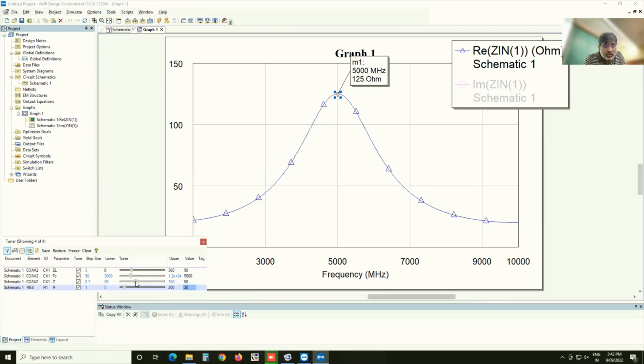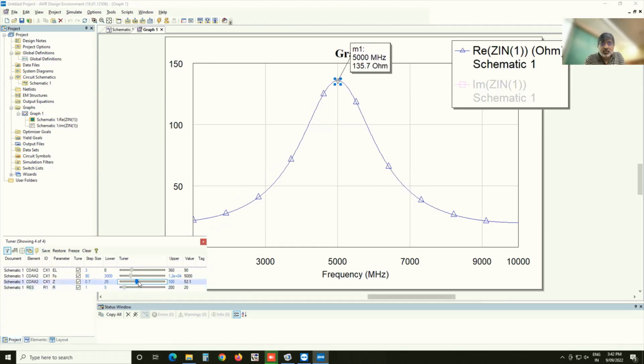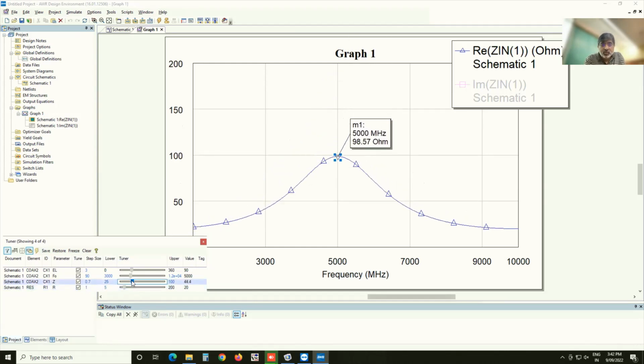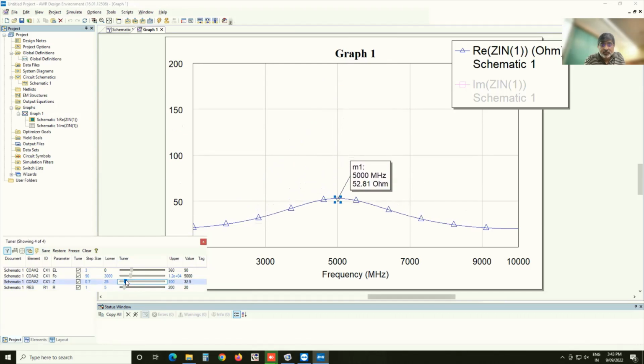And I'm going to change the characteristic impedance, which is here. And I want to make that... so let's say that's close enough. So what's plotted here is the transformed impedance. It has now become 50 ohms.